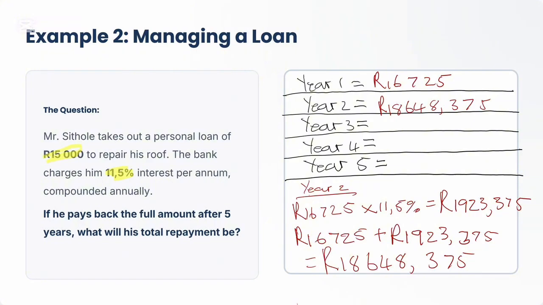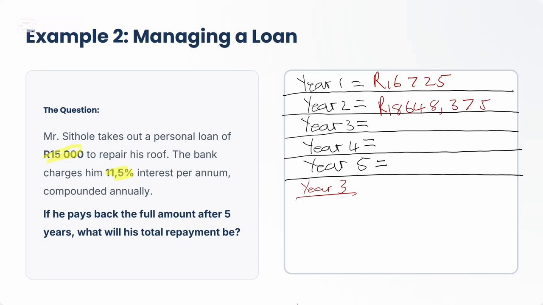We do not round off yet. We only round off our final answer. Now we're going to be doing year 3. So we take our year 2 amount, 18,648.375, multiplied by 11.5%. That should give us an answer of 2,144.563125.